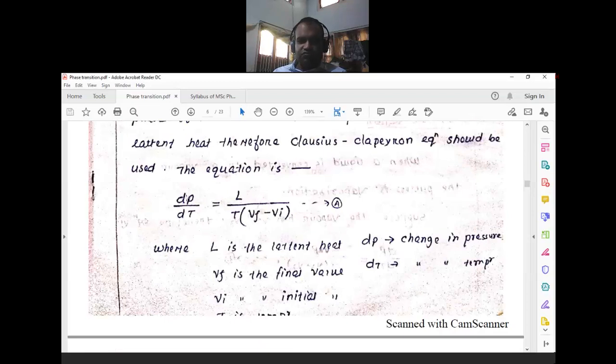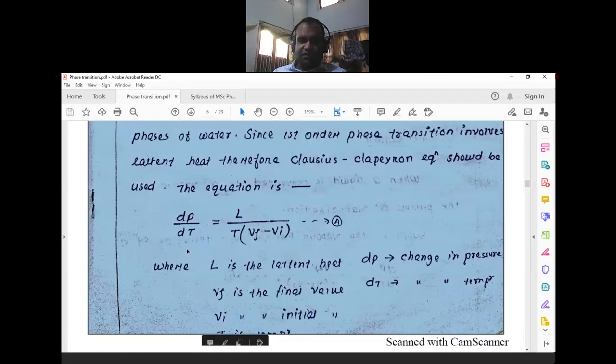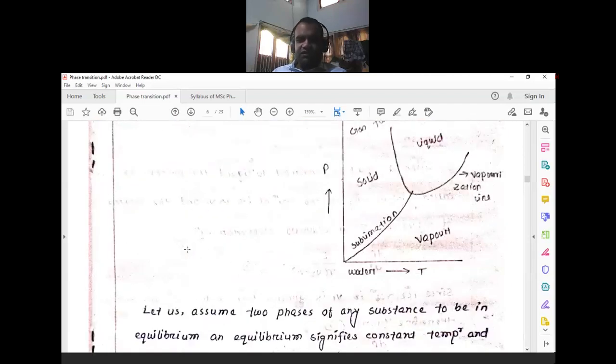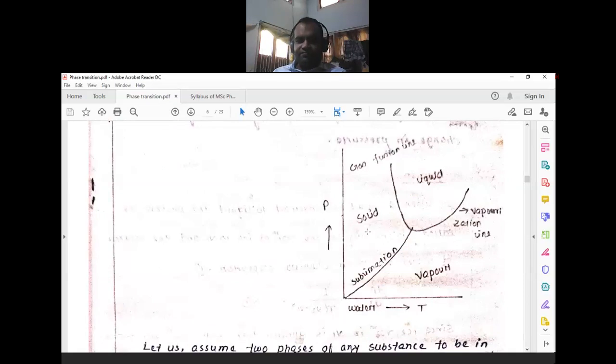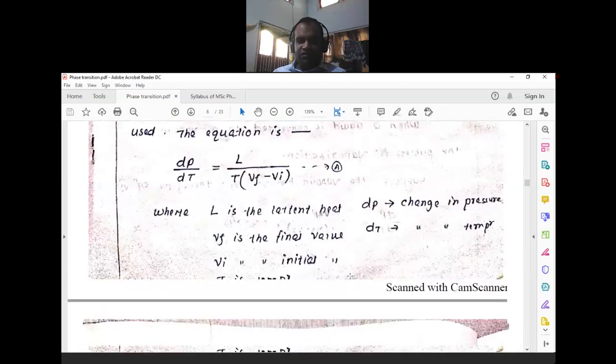Now we have understood the Clausius-Clapeyron equation, and this equation involves latent heat, and first order phase transition involves latent heat. Now we will understand each line: the fusion line, then the sublimation line, then the vaporization line.